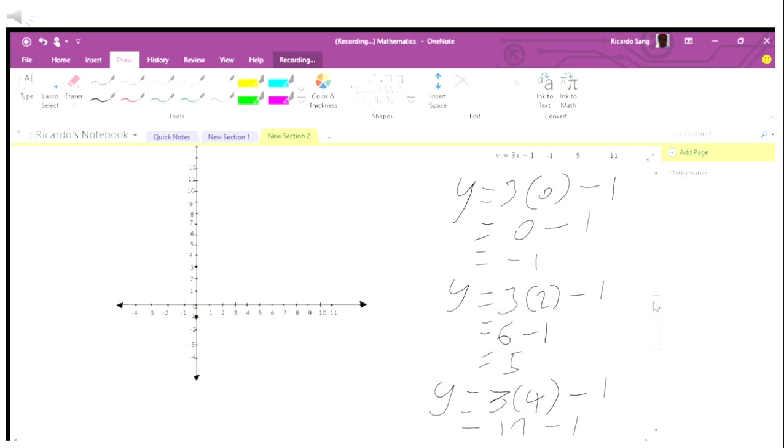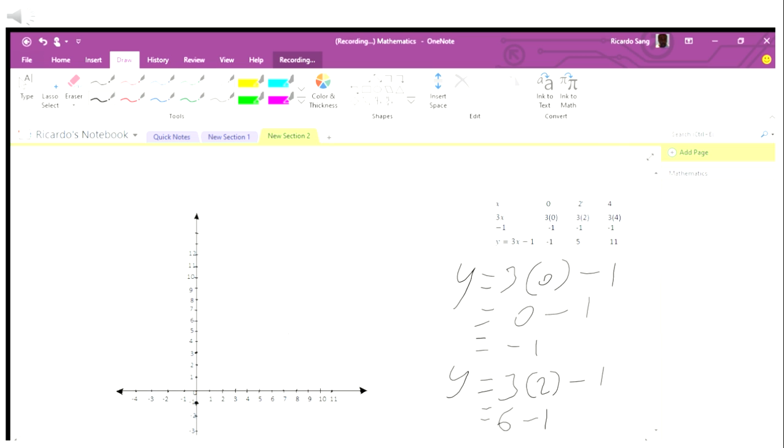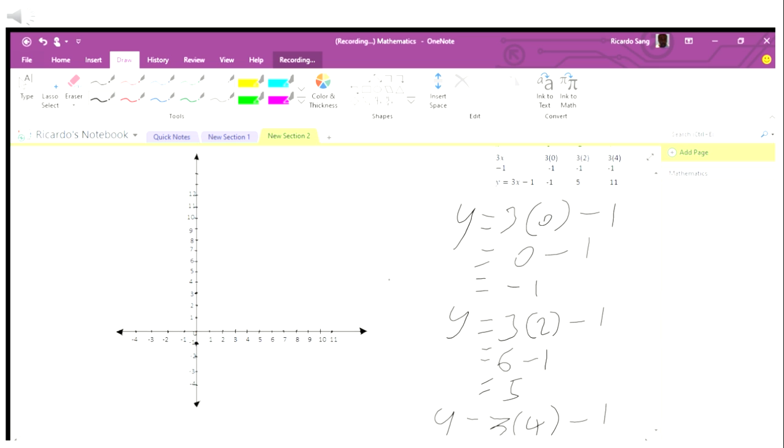Alright, now that we know that point, the next one is, let's look back at the graph. When x is 2, y is 5. Right? So we can find that. So x right here, see x right here on the graph is 2. So we'll go up and find 5 and plot that point.